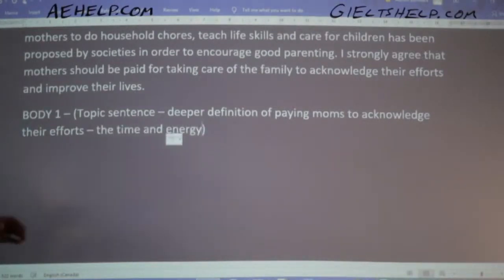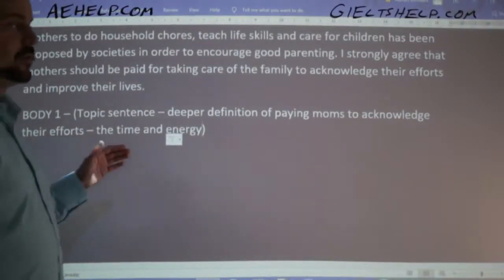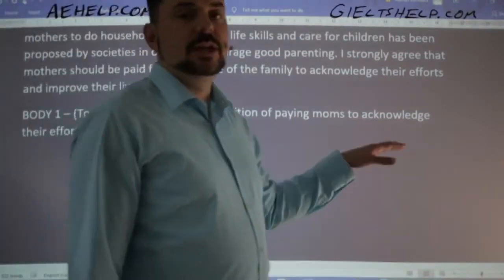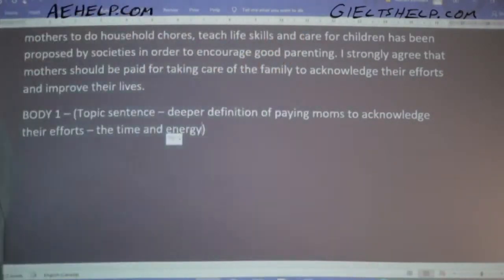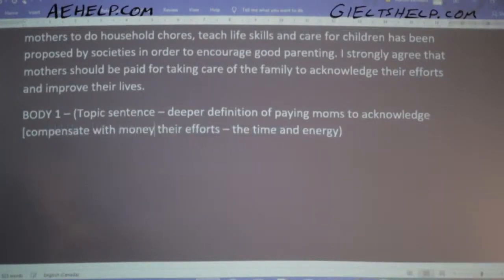What do I mean to acknowledge their effort? It means to give monetary compensation, right? So acknowledge here for me would mean to compensate with money. Okay, that's the acknowledgement part of that, all right?